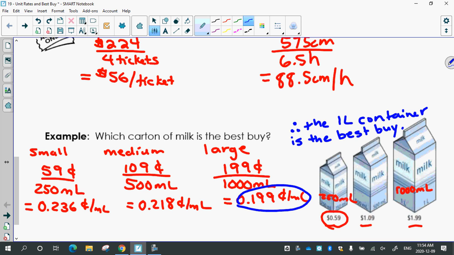Okay, so that's a good trick, is to change dollars into cents if you're very far apart on numbers, because it's easier to compare the numbers.